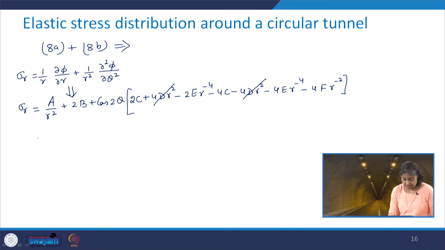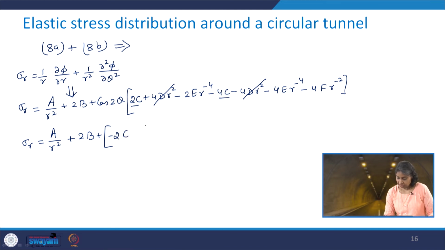So all you will get here is sigma r as a upon r square plus 2b plus, so this is 2c and minus 4c, so this will make it as minus 2c, and this is minus 2e r to the power minus 4, and this is minus 4e.